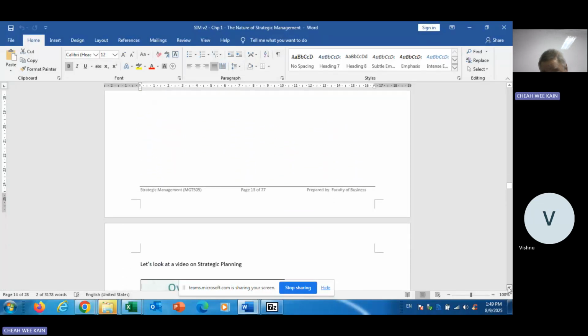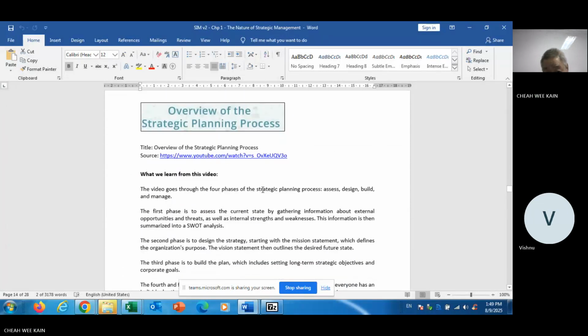Now you can look at the video overview of the strategic planning process. Like I say, strategic planning is the first part, the strategy formulation part. They assess, meaning internal and external environment, then designing the strategy, and then you want to build the product, and then you try to manage the sales, actual versus budget.